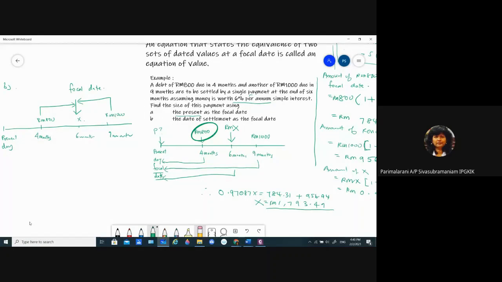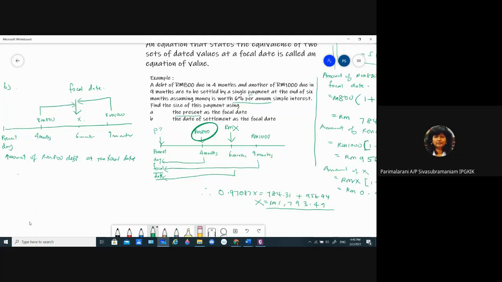Let's count the amount for 800, the amount of 800 debt at the focal date. What formula are we going to use here? Which is the principal now? 800 is in front, right? So we assume it to be the P or S? S, right? Yes.